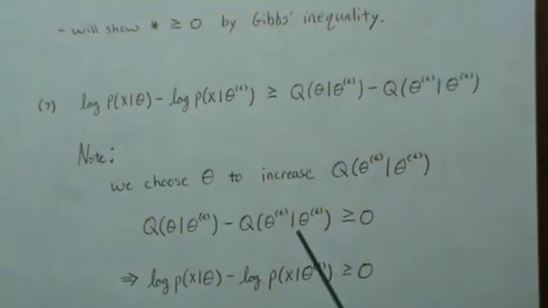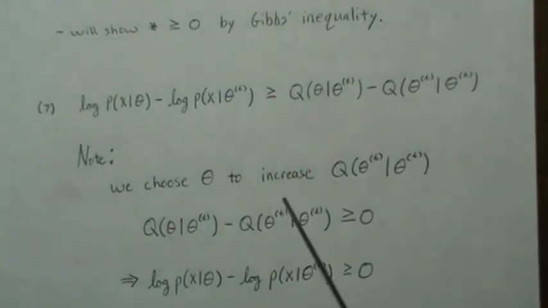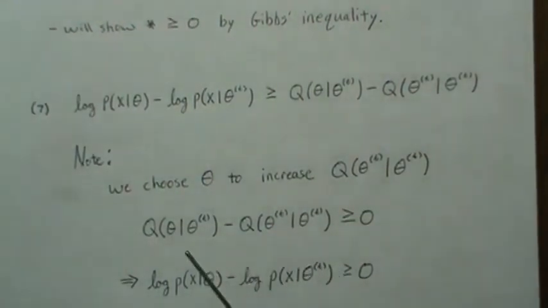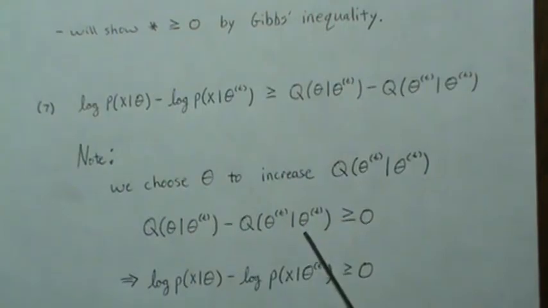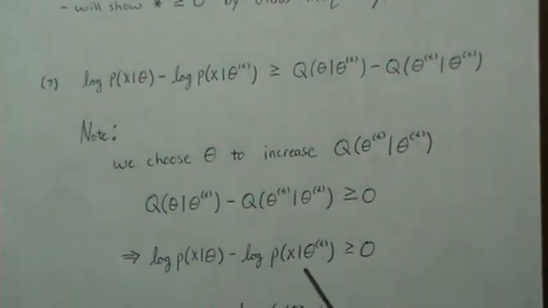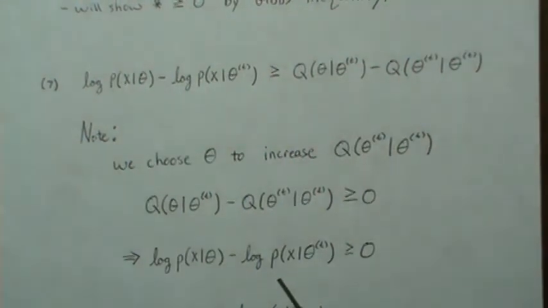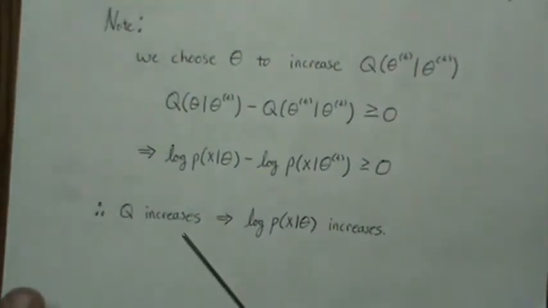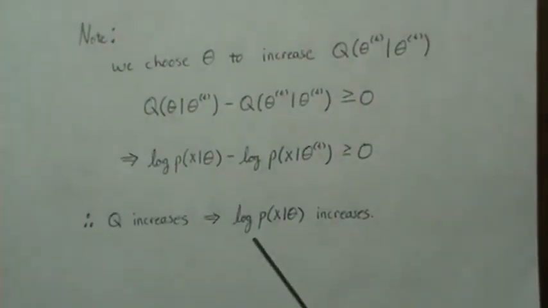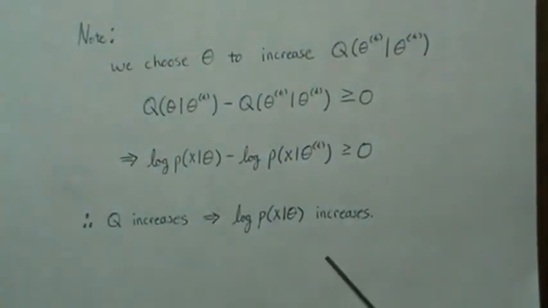So by making this bigger, so we derive this in the expectation step, and then we maximize it, we get that it's positive, which then implies that we're really maximizing the log of the likelihood. Okay, so then Q increases the log likelihood. Okay, and that's essentially how the algorithm works.